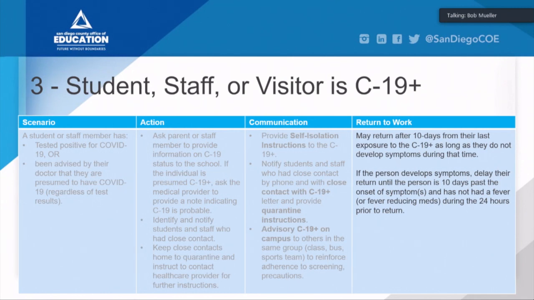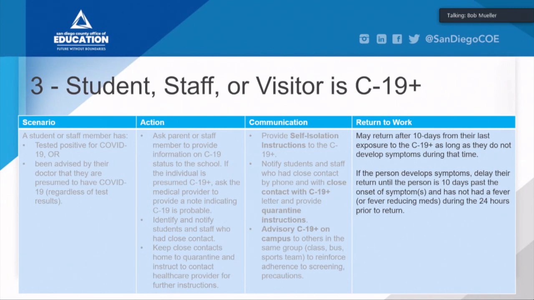Corinne, anything on that scenario? Yes, could you clarify when they can return to work or to school? The first paragraph there, may return to work 10 days after their last exposure to C19 as long as they do not develop symptoms. Are these the people that were close contact with the positive?